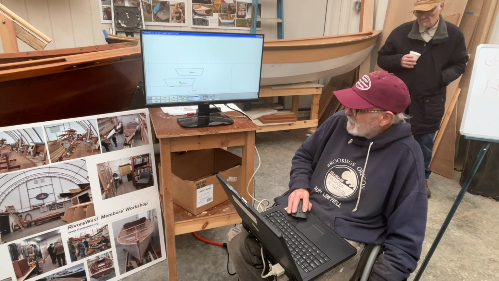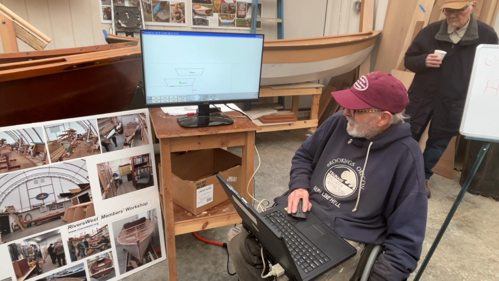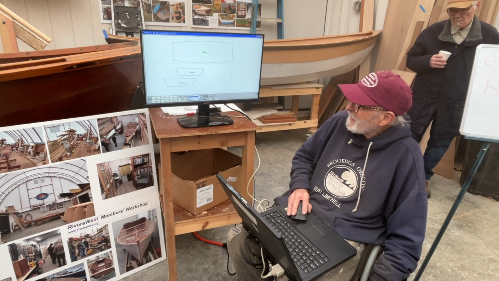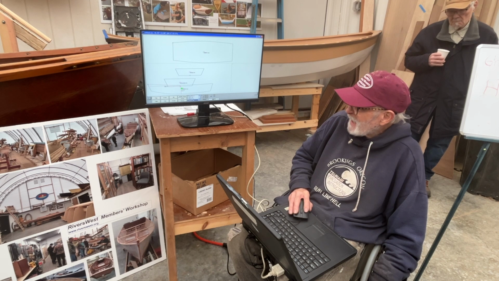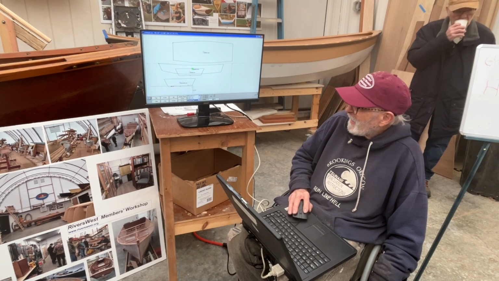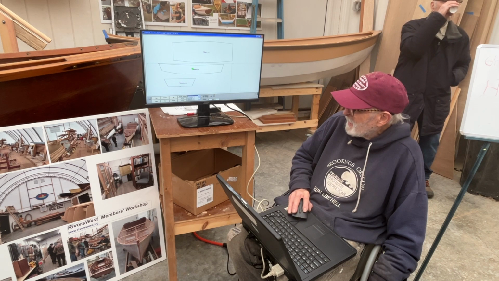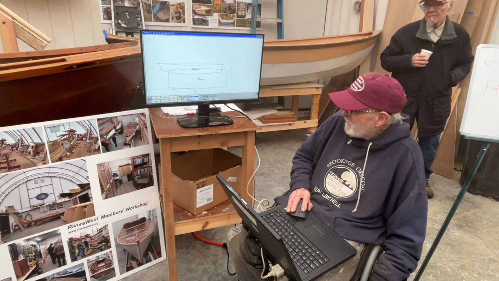That's your transom. That's what the bottom of your boat looks like. That's what the side plank looks like. Get rid of the stem, get rid of the transom, get rid of the sole.